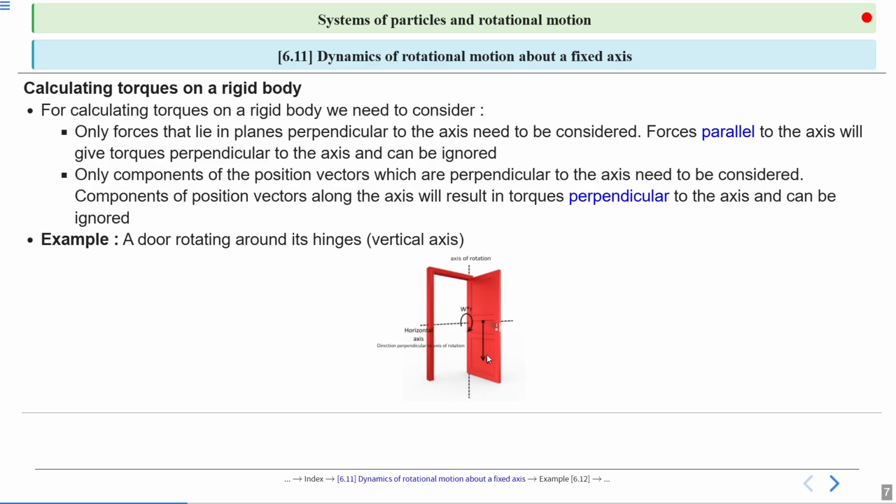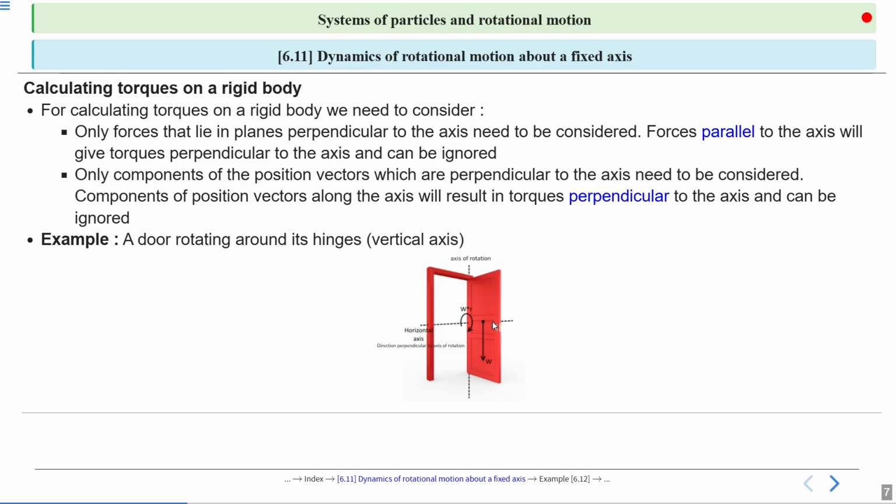So again, only the perpendicular distance from the axis matters when calculating torque. So this is tau equals R cross F, and if R is parallel to the axis, the cross product again becomes 0. So the important point is this: use the forces and distances perpendicular to the axis of rotation. Ignore anything along the axis, it does not help with torque.